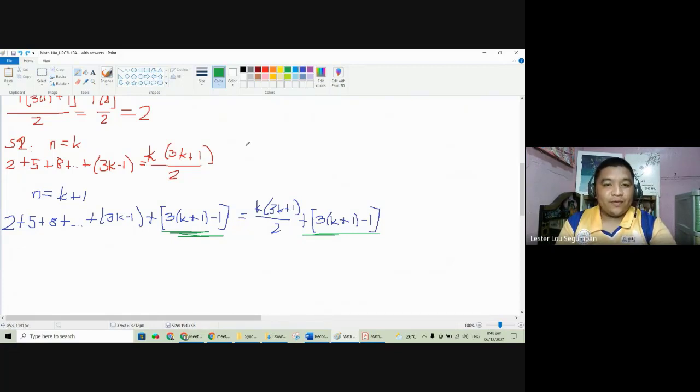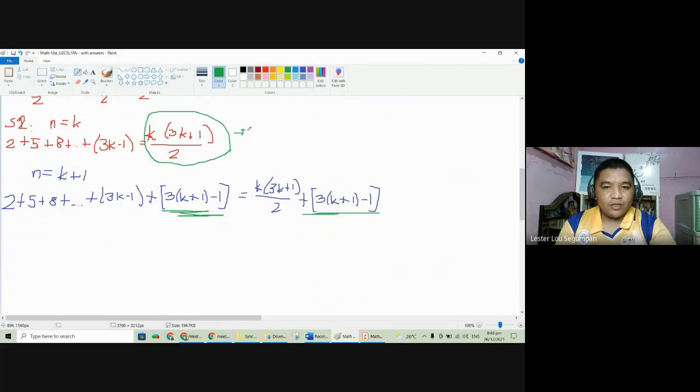What we are going to prove is if we change the case in this expression to k plus 1, it will become k plus 1 times 3k plus 1, that's a product, with brackets plus 1, all over 2.